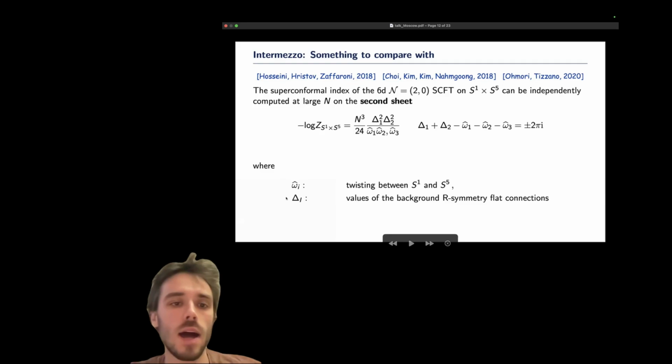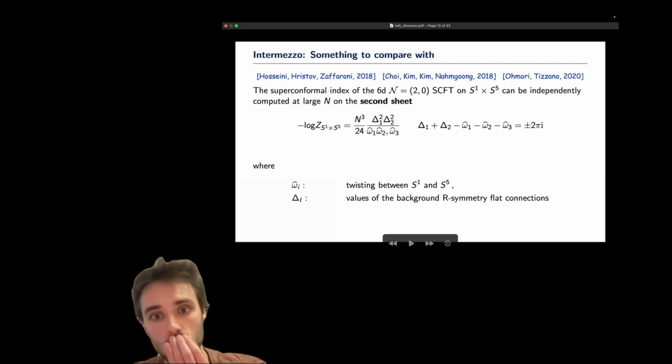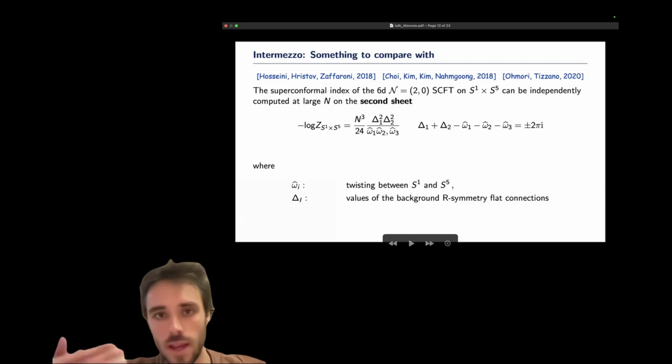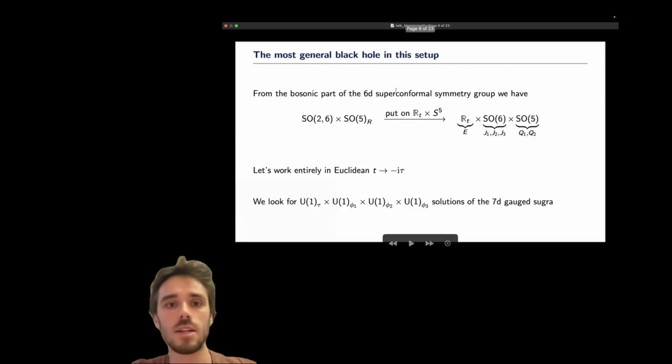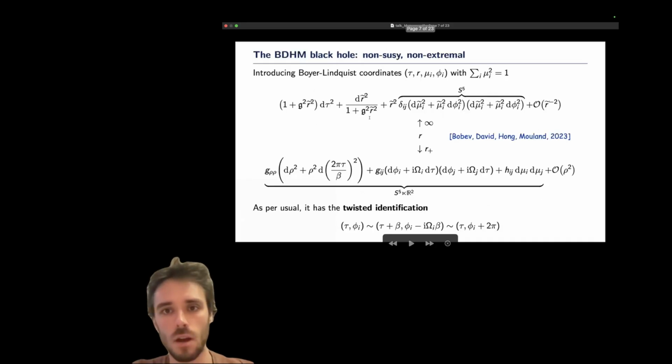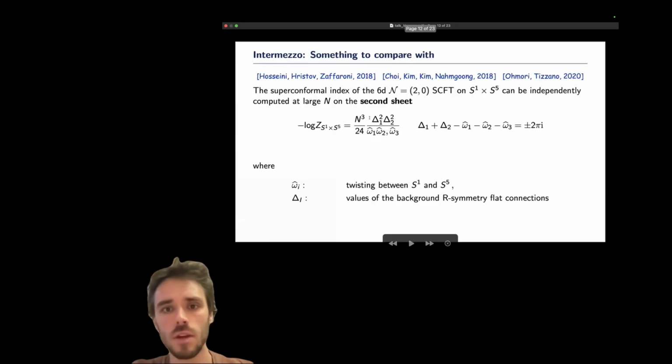And the delta i's are denoting the values of the background R symmetry. So this theory has an R symmetry. And as we discussed, generically speaking, the R symmetry is SO5, but I'm only considering the Cartan of SO5. So I only turn on fugacities for the Cartan generators as per usual. And then the answer is as follows.